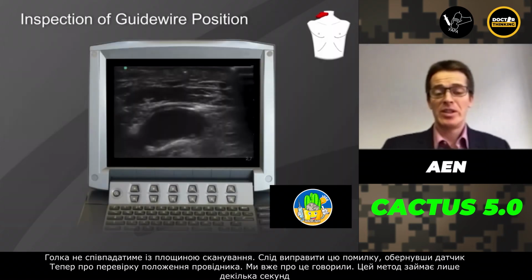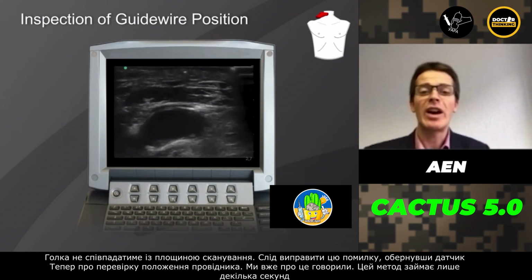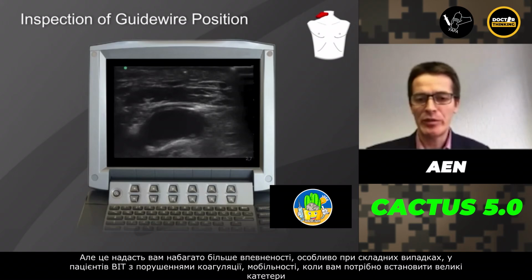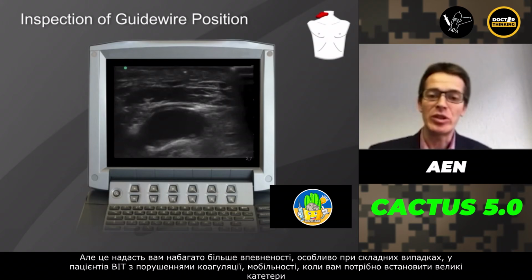Another thing is the inspection of guide wire position, which we were talking about before already. This is a method that only takes a few seconds and gives you a lot more confidence, especially in difficult cases, in cases on the ICU with coagulation abnormalities, in patients where you need to insert large catheters.